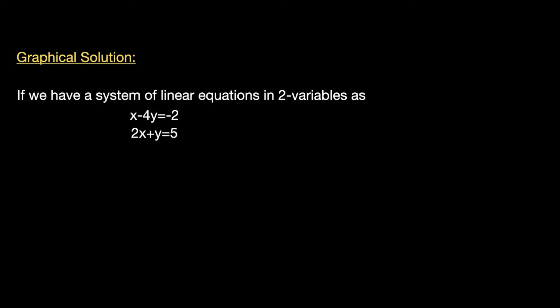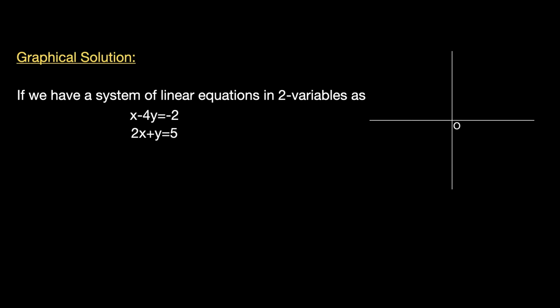You can draw each as a line, and the point of intersection of these two lines will give you the solution. This is one of the methods to obtain the solution of a system of linear equations in two variables.